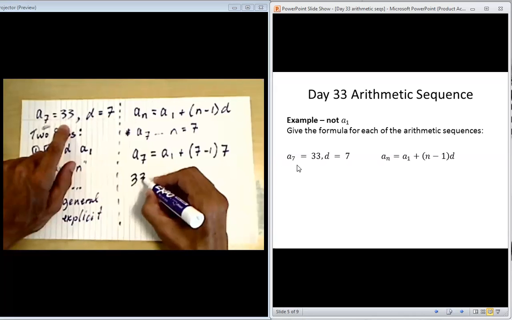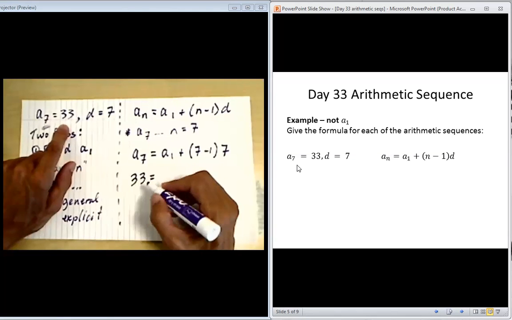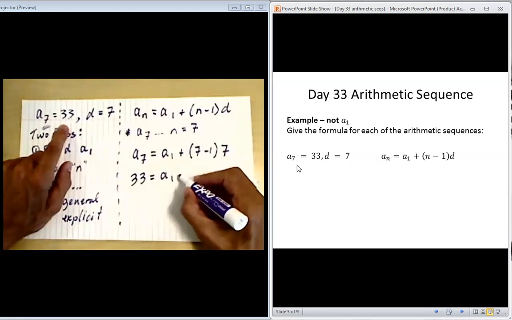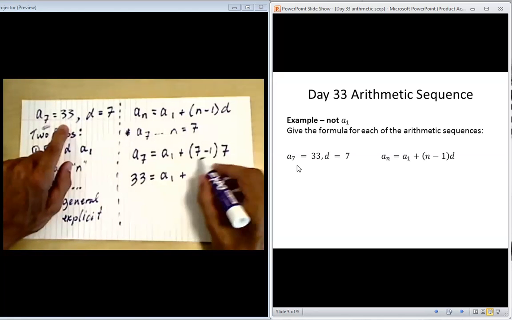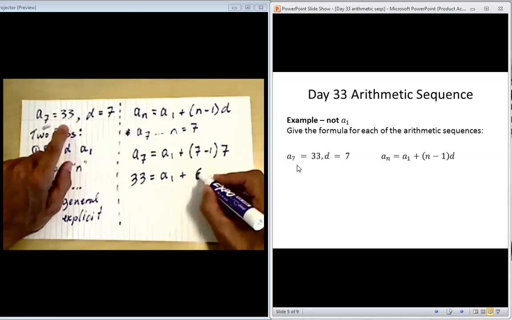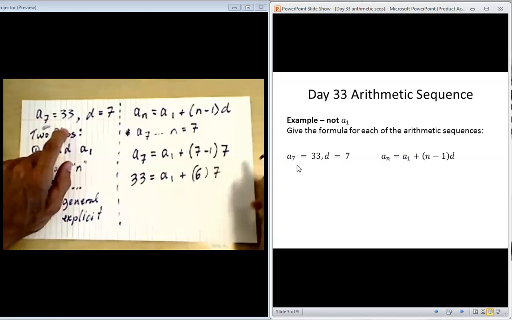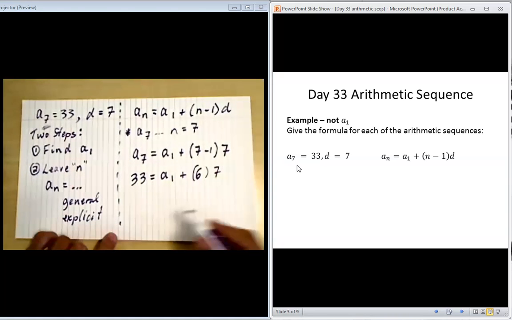A7 is 33 right there. A1 is missing. And yeah, we can start working on this now. 7 minus 1 is 6 times 7.